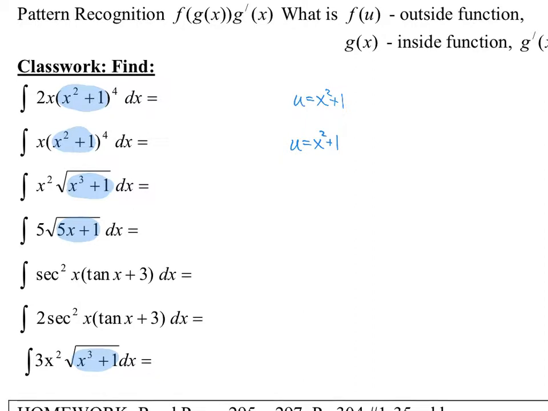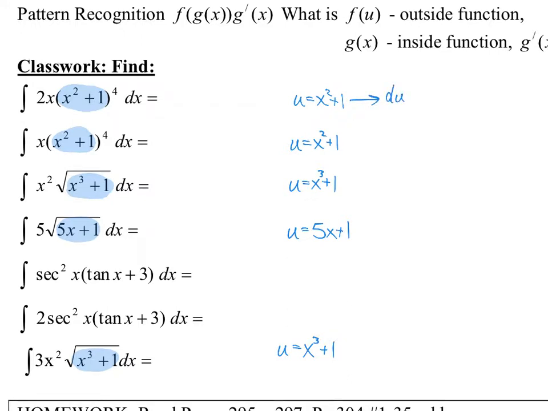So, I know what u is for all of those. And you can think it through. Do this as kind of a routine. Write down your u first, okay? And then the next thing that we want to figure out is what is the du, okay?